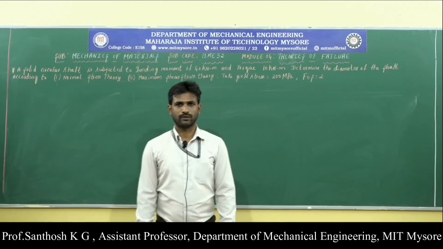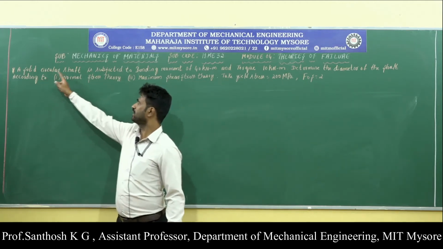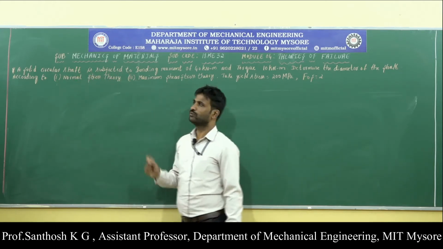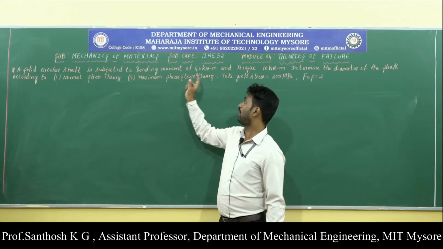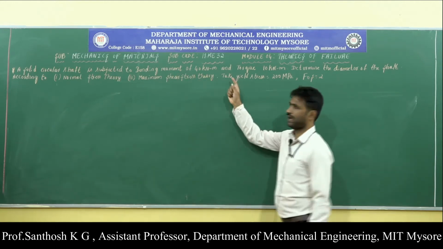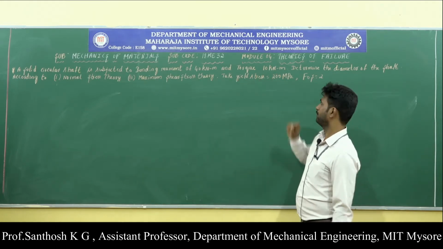The given problem statement goes like this: a solid circular shaft is subjected to a bending moment of 40 kilonewton meter and torque of 10 kilonewton meter.